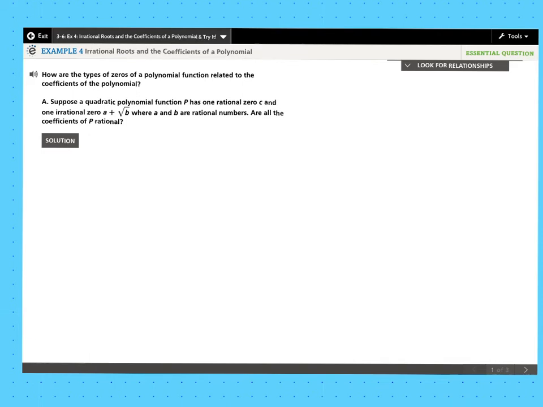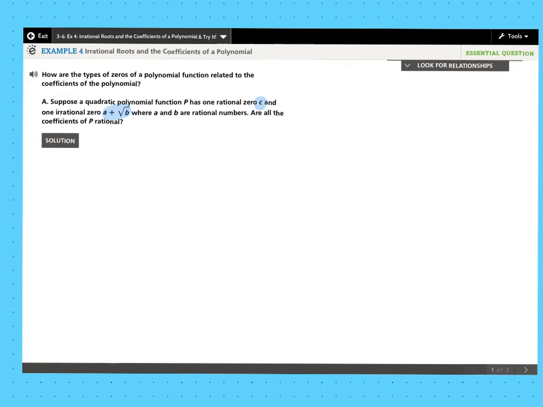Are all the coefficients of p rational? So this is a really fancy way of giving you some background information. What it is saying is that we've got c here, that's a factor, and we've got a plus square root of b, that's a factor.